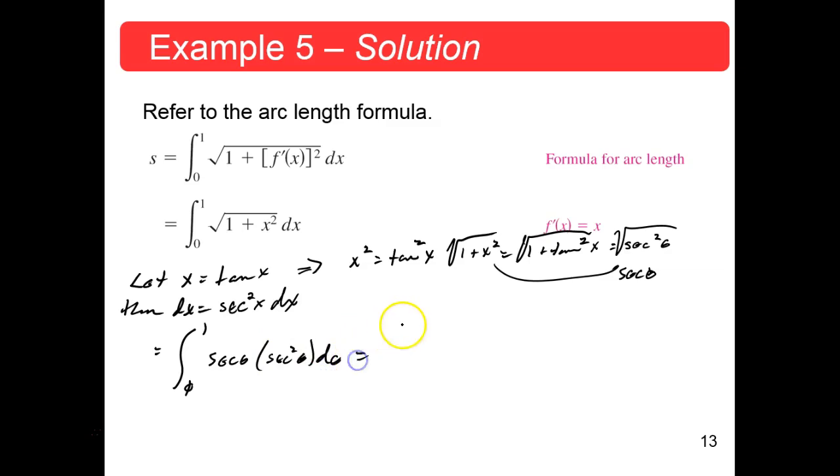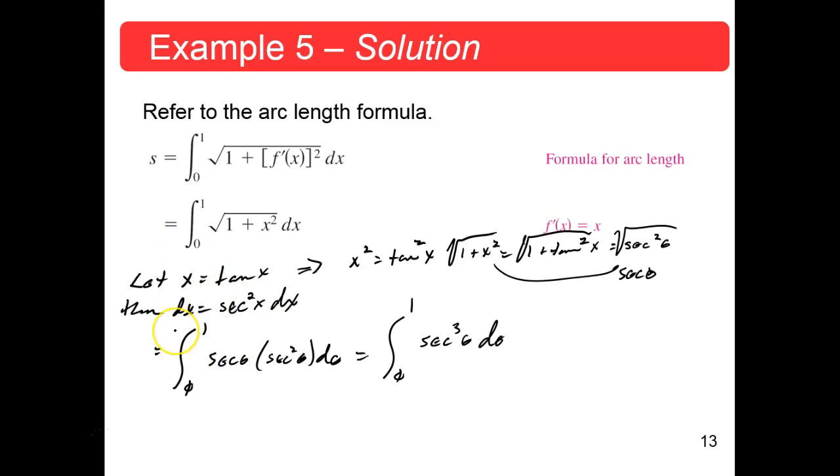So that's how they got to the integral from 0 to 1 of secant cubed theta d theta. Now, anyone remember what we do with that one? Change the bounds on the interval. I couldn't hear you. We have to change the 0. Oh, yeah, we need to change our limits. I'm sorry.